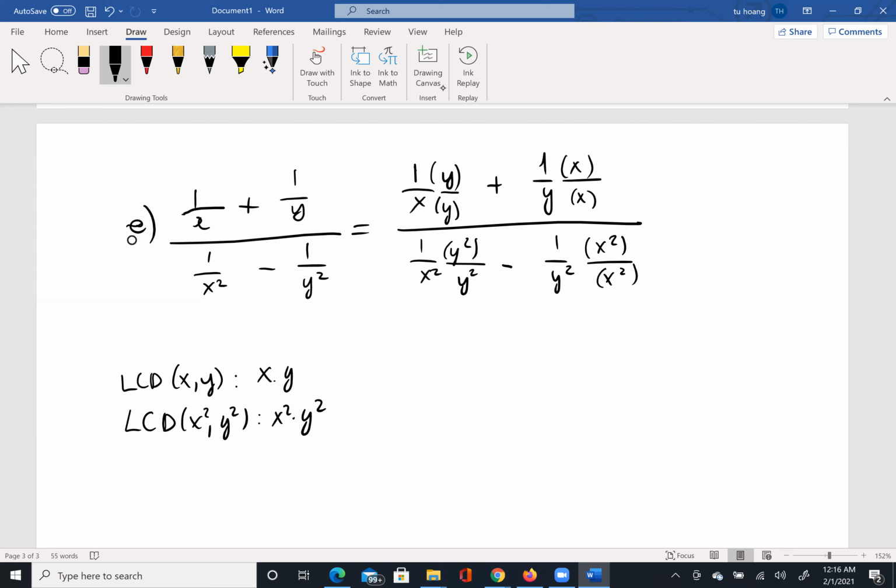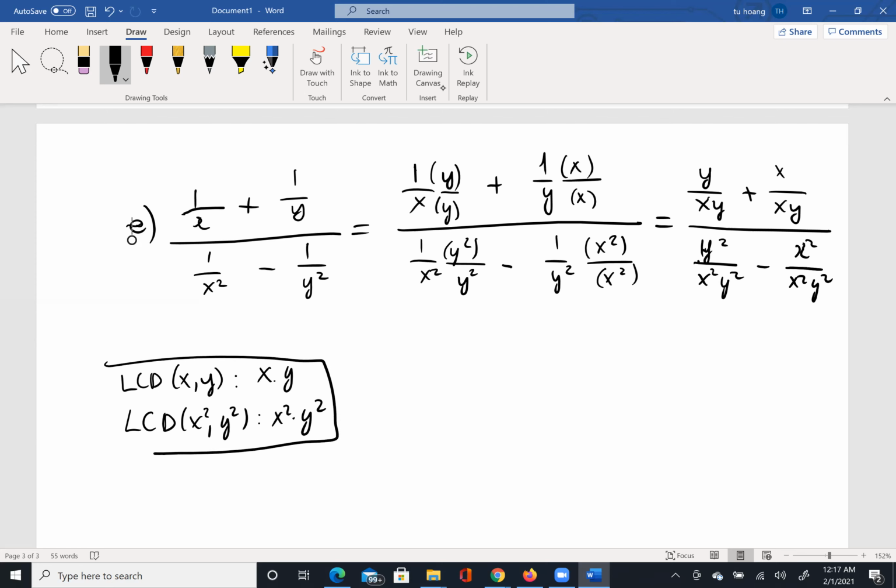So you can see the first term will be y over xy plus x over xy, divided by, remember that yx is equal to xy, y squared over x squared y squared minus x squared over x squared y squared.